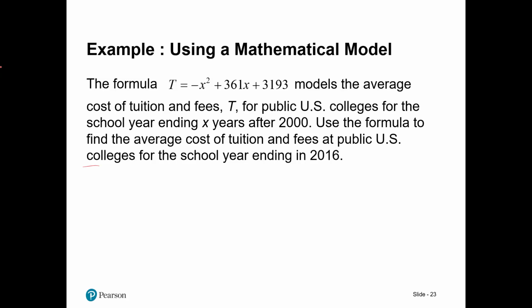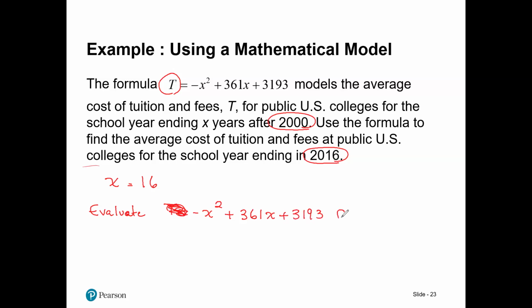So we know, apologies, x is representing years after 2000. So 2016 is 16 years after 2000. So what we want to do then is evaluate T equals negative x squared plus 361x plus 3,193 for when x is 16, because we want to figure out what T is.